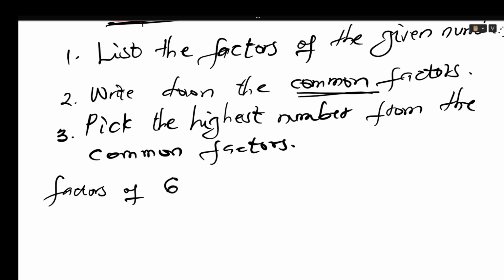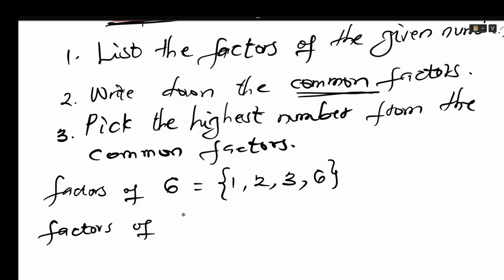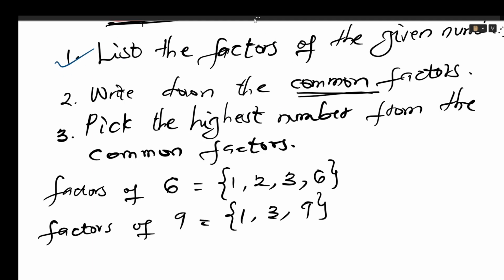I believe by now you should be able to find the factors of a given number easily without having to go through the hill method. Then I list the factors of 9, which are 1, 3, and 9. So I believe our first step is done by listing the factors of the given numbers.